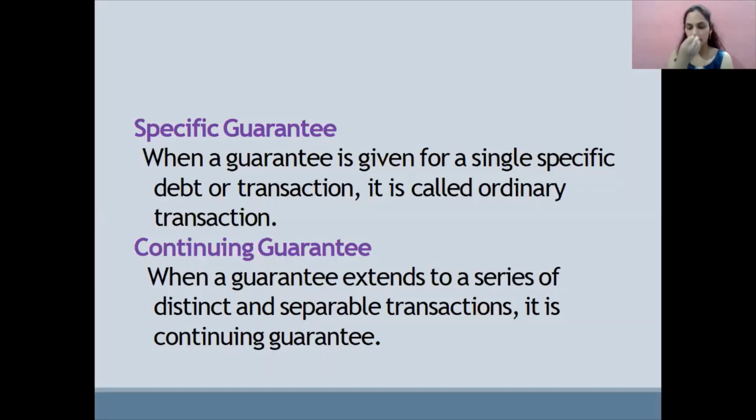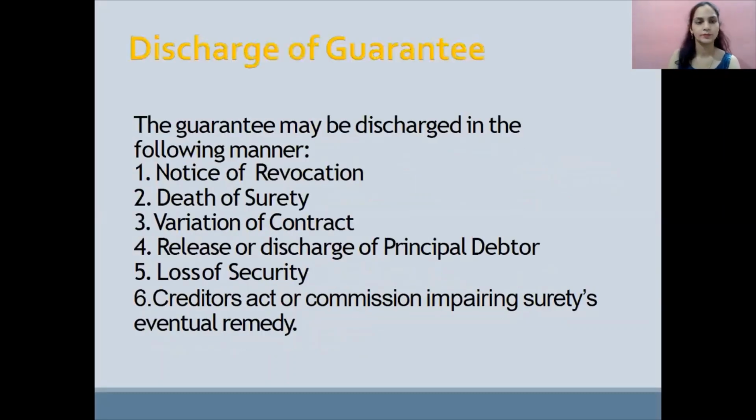Or we can say X has promised CD Traders that whenever a transaction between AB Traders and CD Traders is undertaken, the guarantee will be held by Mr. X. This is termed a continuing guarantee, which is taken for a series of distinct and separable transactions.